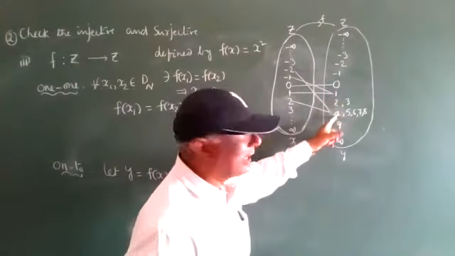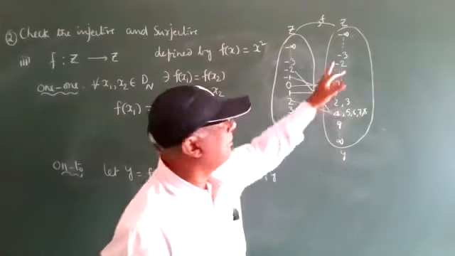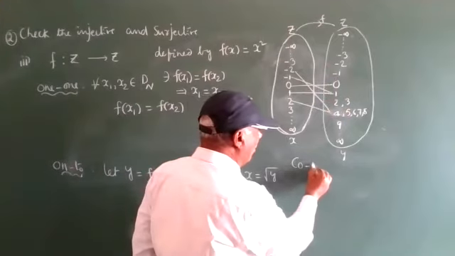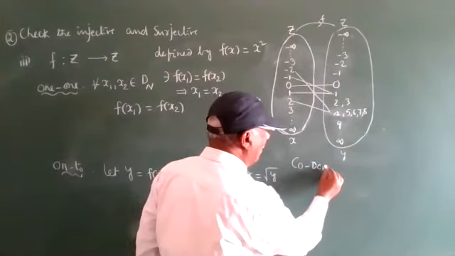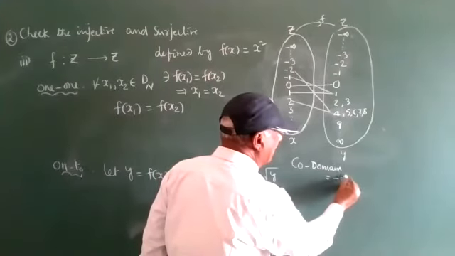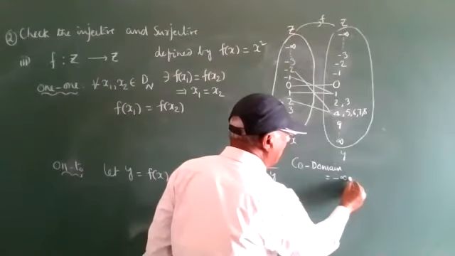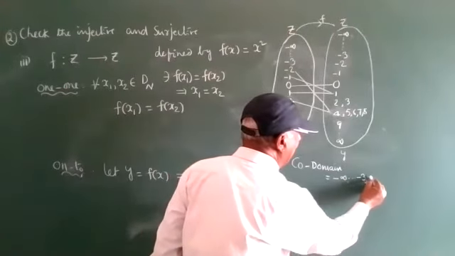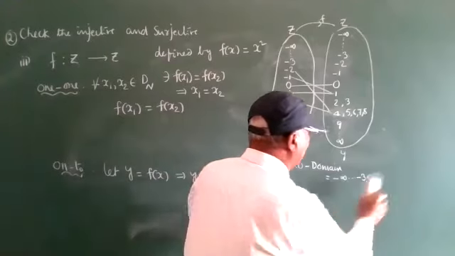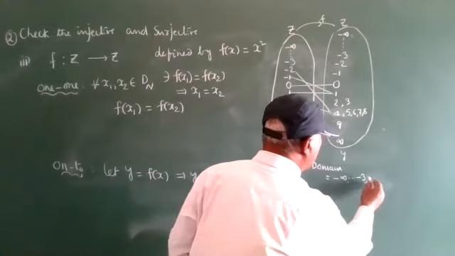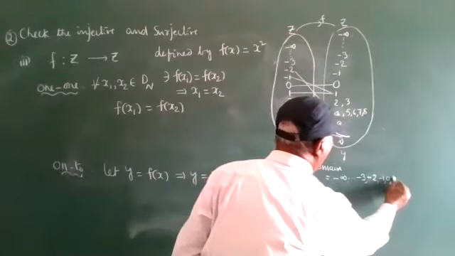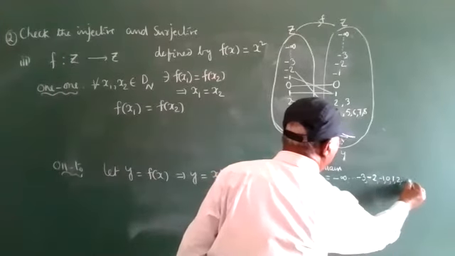We are getting only the positive values, not negative values. The codomain has both positive values and negative values: minus 3, minus 2, minus 1, 0, 1, 2, 3 up to infinity.